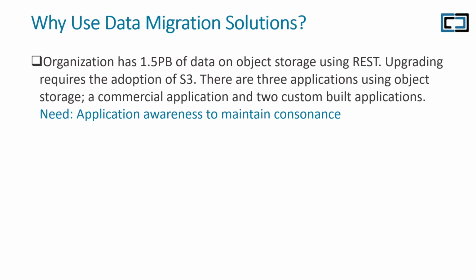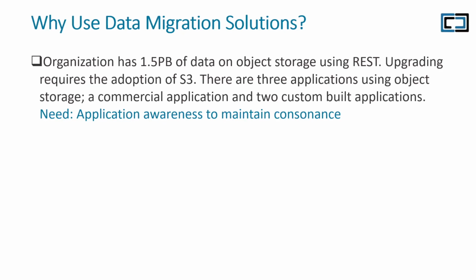And they had been using REST APIs or REST-based storage in order to store data for these applications. And now as they go forth and they need to upgrade their infrastructure, they really want to move everything to a standard S3 protocol. Now, REST and S3, they're both object protocols, but the way that applications interface with each one is going to be different.